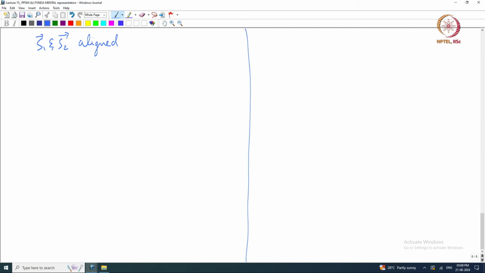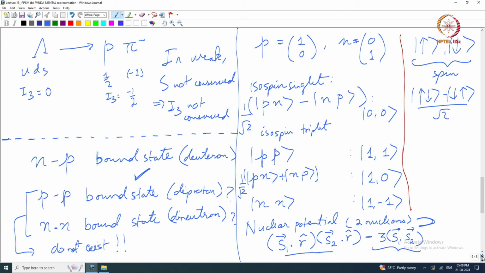If they are aligned, then the second term is negative, correct, and that would imply a bound state. That is one necessary condition, correct. If not a sufficient condition, definitely it is a necessary condition, agreed. There is a minus S1 dot S2 term.